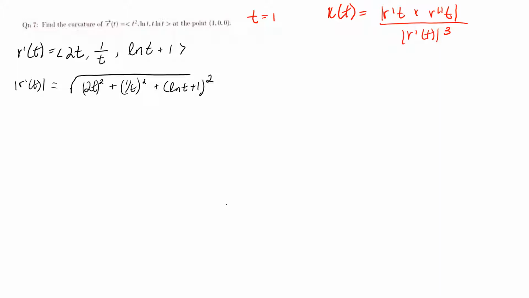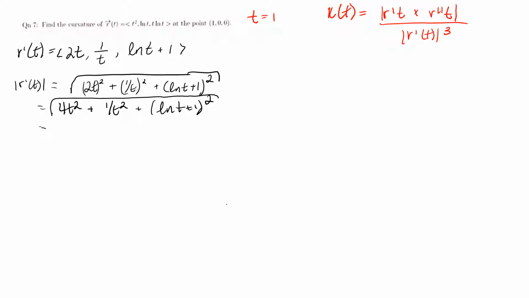We end up getting, after we square everything out, 4t squared plus 1 over t squared plus ln t plus 1 squared, which is a polynomial, which we will now factor.